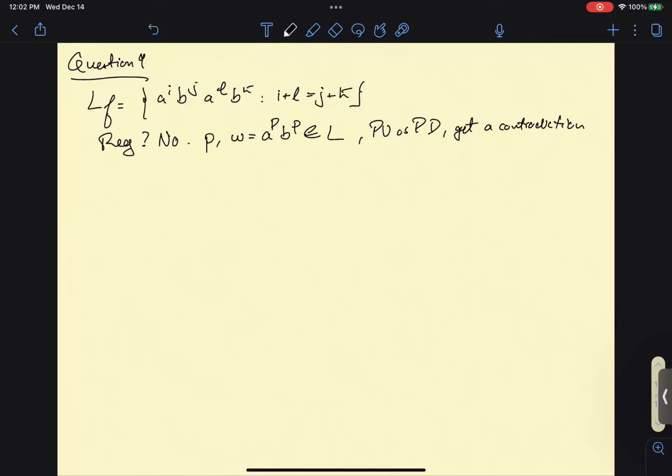Okay, now is it context free? It's context free. Why do we think it's context free? Oh, this is different from the assignment. The assignment was i plus j is equal to l plus k.